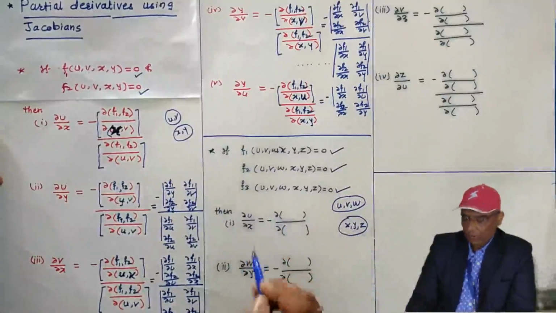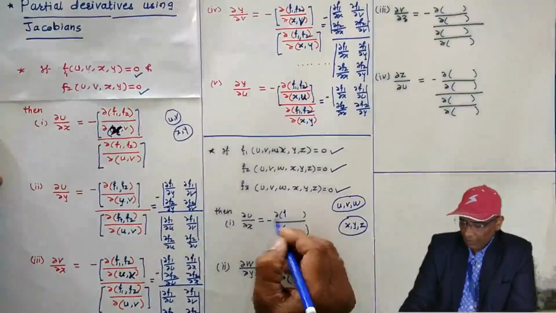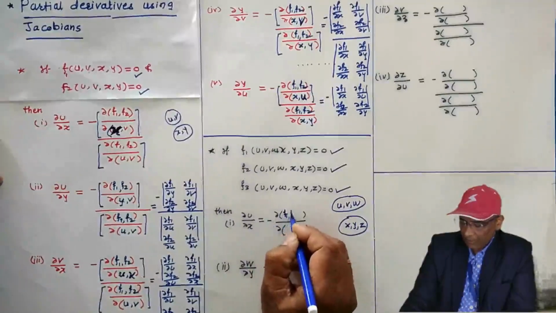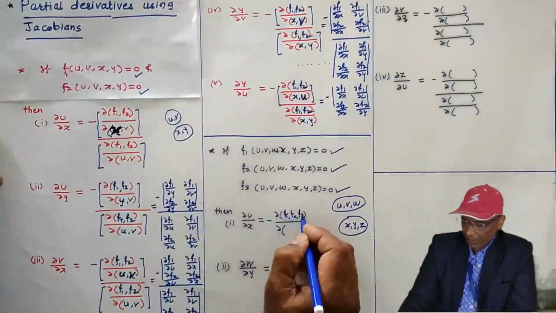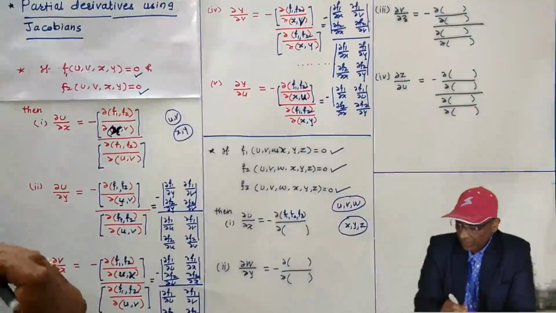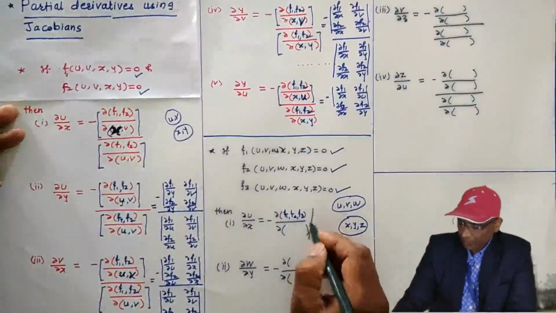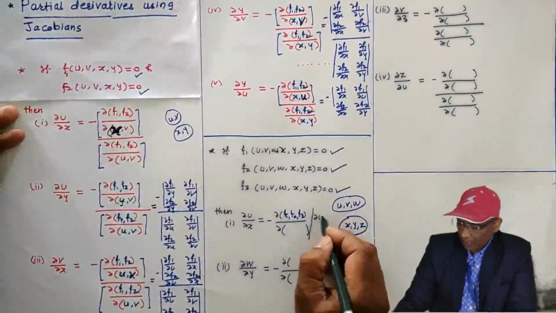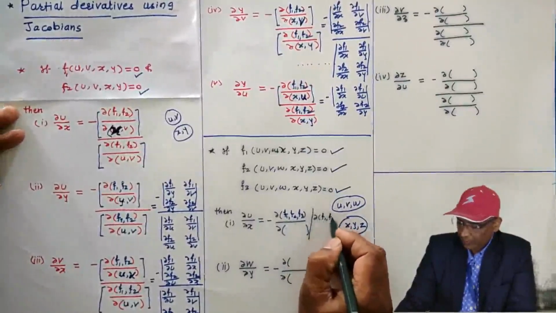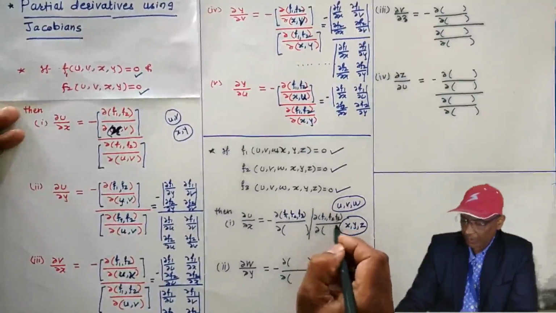Del u by del x, how to write? Del u by del x, write down f1, minus sign by default it is there, f1, f2, f3. This is the numerator Jacobian, and the denominator Jacobian is del f1, f2, f3. Okay.